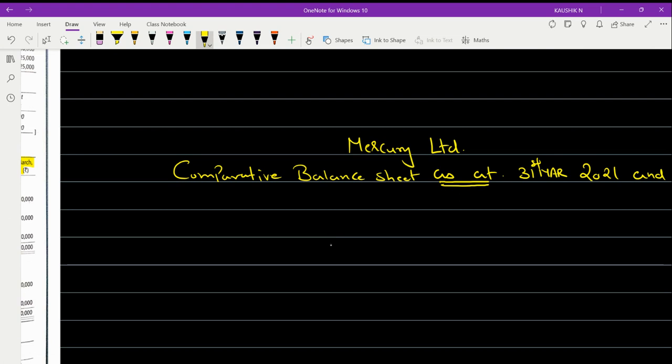It is table based. First you have to write one column called particulars, and the next column you will record as note number.